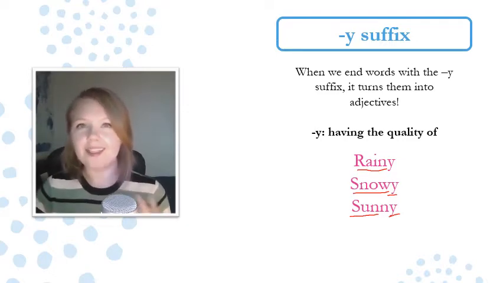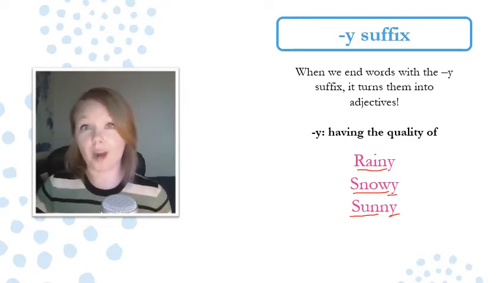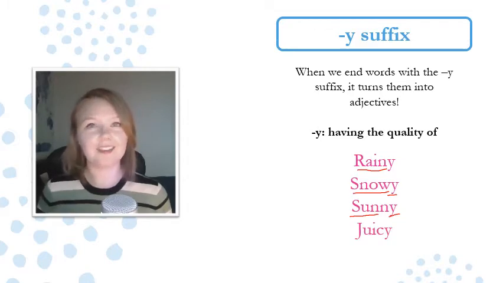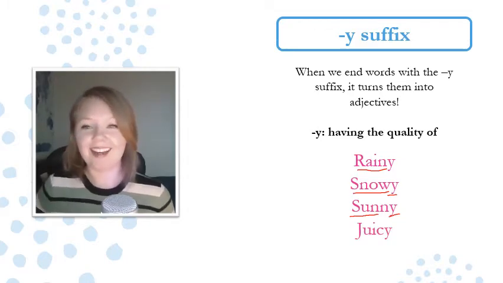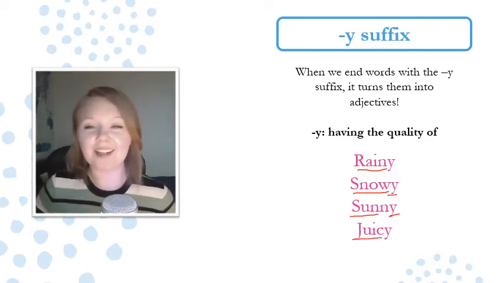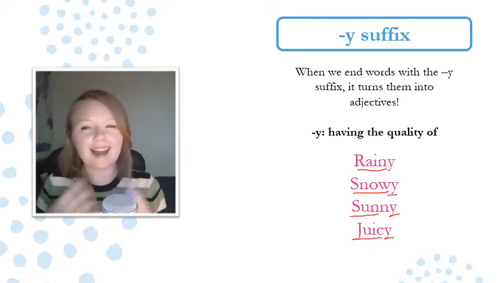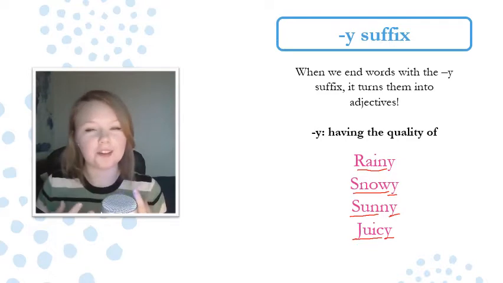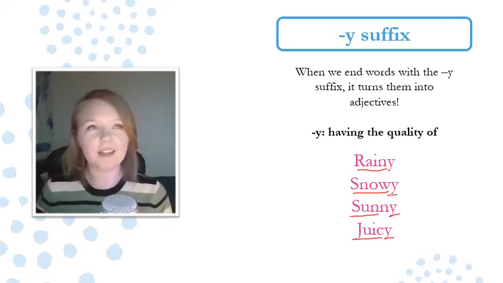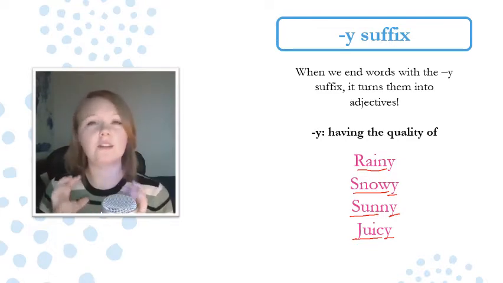Let's look at some non-weather words with this Y suffix. Juicy. So here we see we took the noun juice and we added Y to it to turn it into an adjective. So this word means it's something that has a lot of juice. For example, I could say the orange is so juicy.